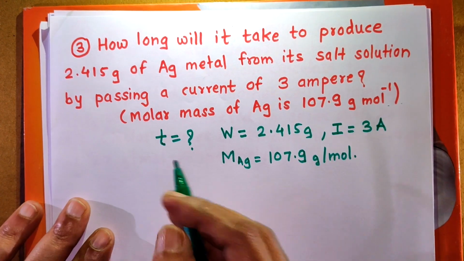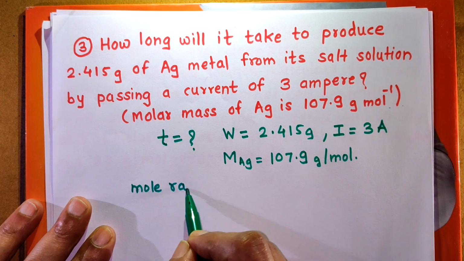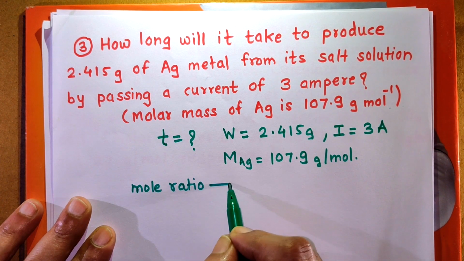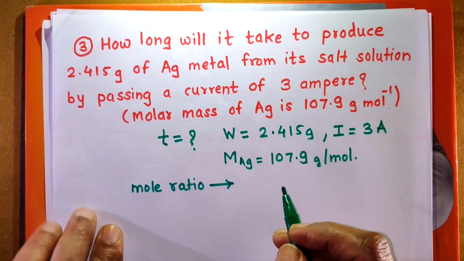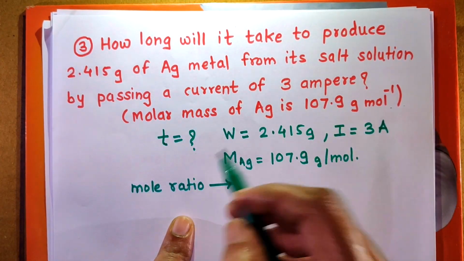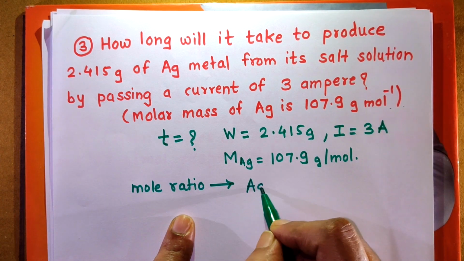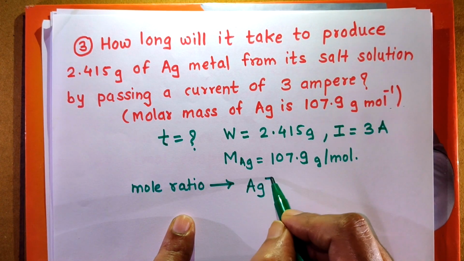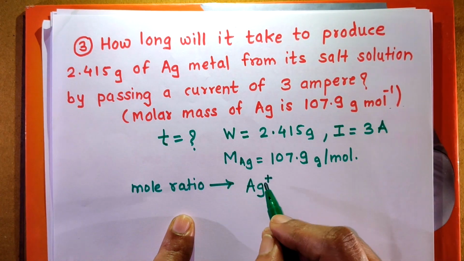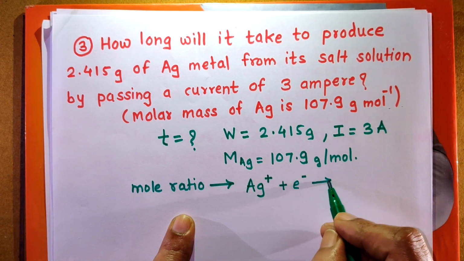Now you know the formula. For that we require mole ratio. For mole ratio, we have to write the chemical reaction which takes place at the cathode for the deposition of Ag. Remember here, in the solution we have Ag plus ions and the oxidation number of Ag is +1. So Ag plus plus electron gives Ag.